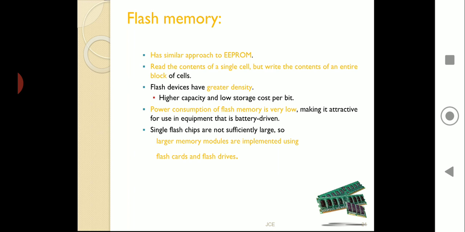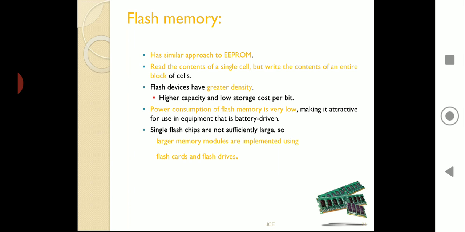Next, moving ahead, what is flash memory? Flash memory has a structure very similar to EEPROM, but it has some major advantages compared to EEPROM. When we speak of a flash chip, we can read the contents of a single cell, but writing is done for an entire block of cells.